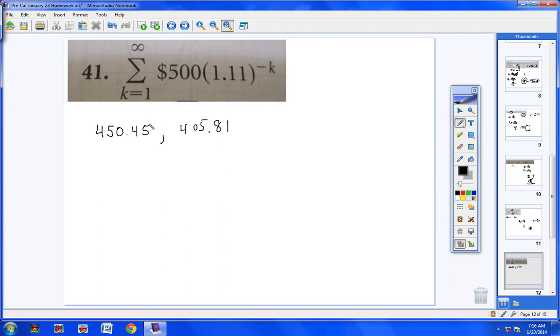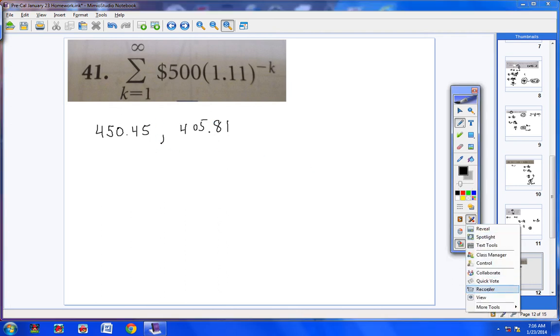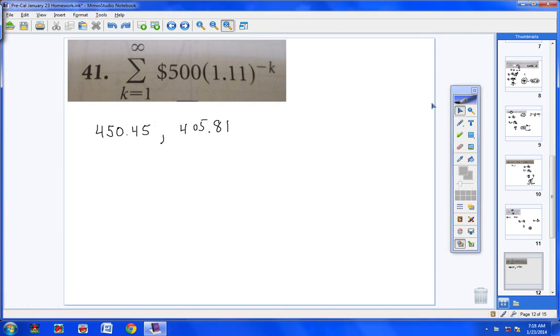But if you take these two numbers and divide them, you're going to get approximately 0.9. And if you were to continue listing out terms, you would see they're all being multiplied by 0.9, 0.9, 0.9. Now I'm rounding just a little bit because we are dealing with decimals, but the common ratio is 0.9.